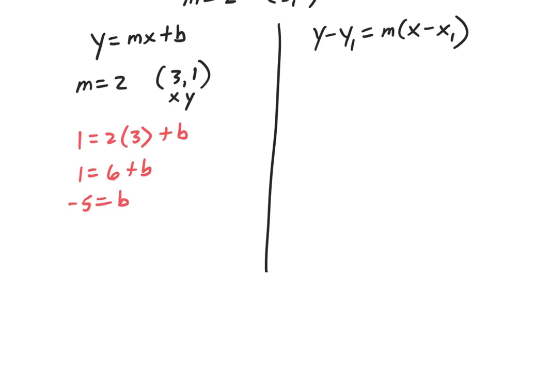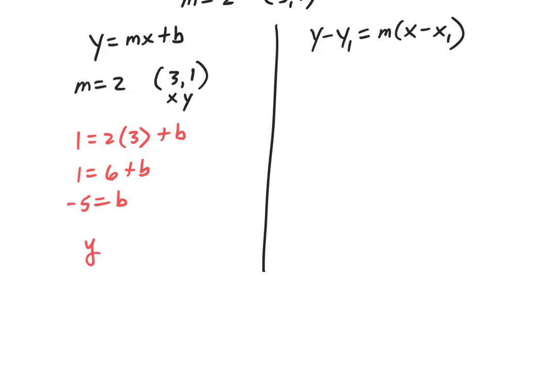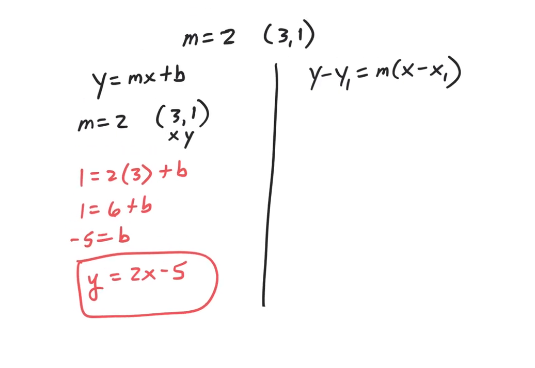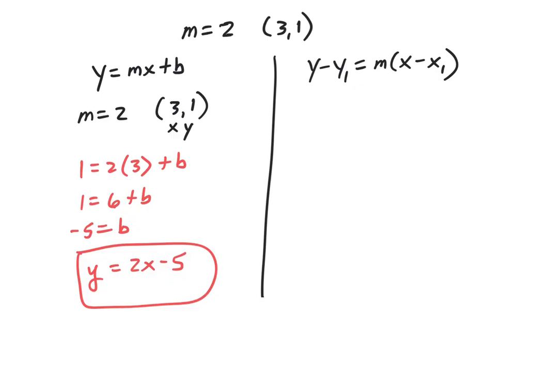And we get b equals -5. And that would be our slope-intercept form. There's really no way that I can just look at this information and say, oh yeah, my y-intercept is -5, right? So we got to do a little bit of work to be able to get there.